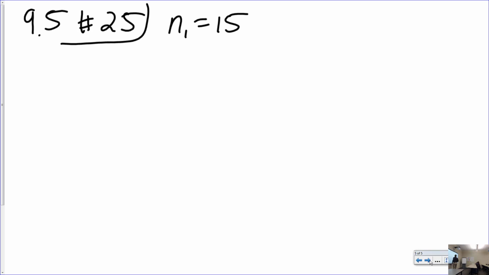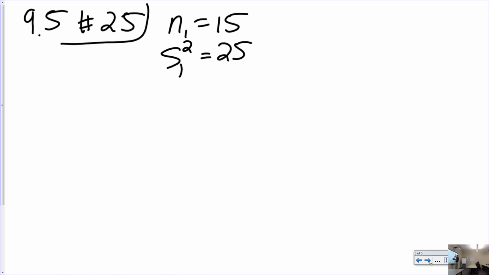N1 equals 15, because there's 15 professors. And the sample variance of the professors' cars, notice, since he gave you variance, that's S1 squared, right? Variance is always squared, standard deviation is not.